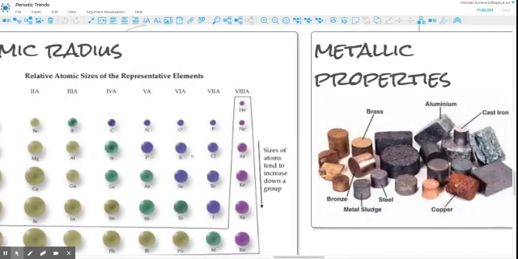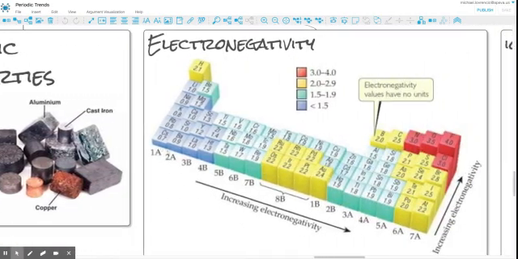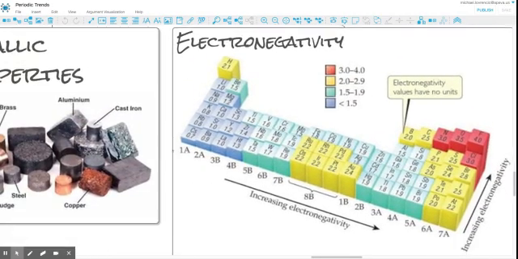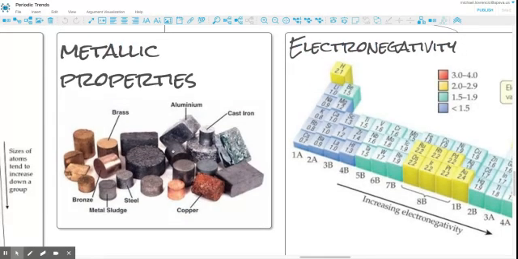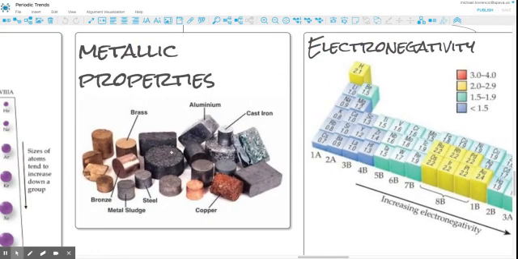When we talk about other periodic trends, one of the results of having those electrons that are easier to remove is that as we go down a group, we see an increase in metallic properties. Metals have a lot of properties that we've talked about, but one of them is that they form cations, they form positive ions. They readily lose their electrons when they form ions.